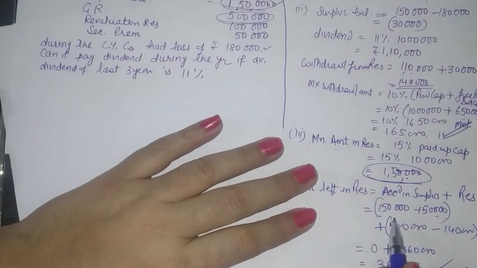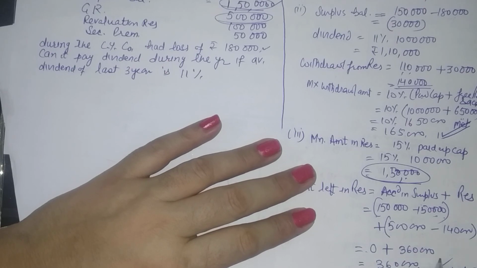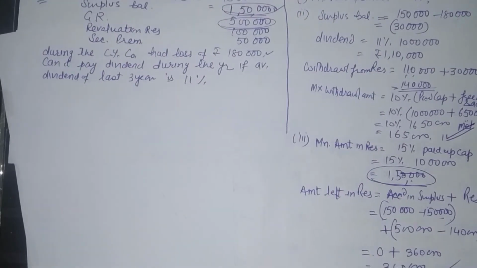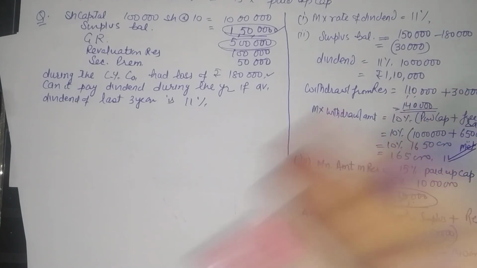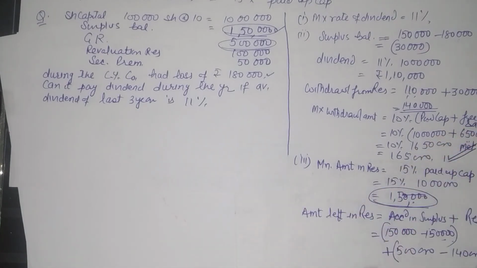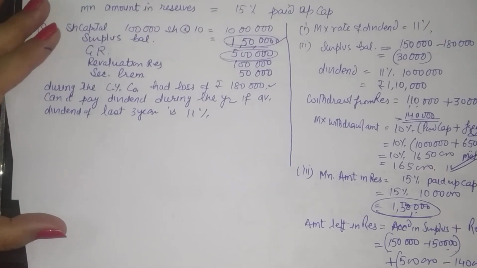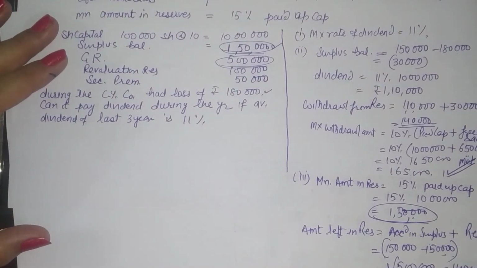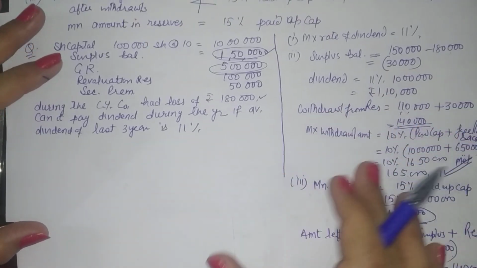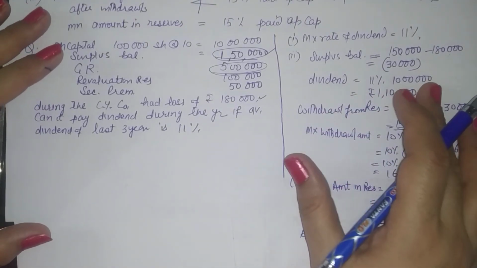So in surplus nothing is left, and in reserves we are left with 360. So obviously this condition is met. So wherever the conditions are not being met, we'll have to reduce the rate and then revise the calculations. Okay, so you can adjust it. That completes the withdrawals out of reserves.